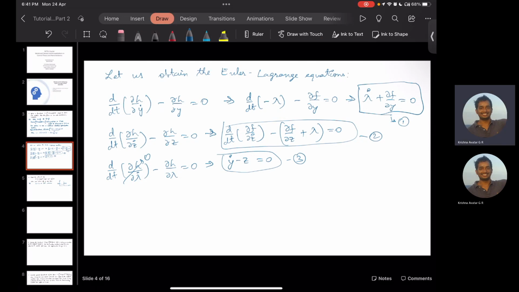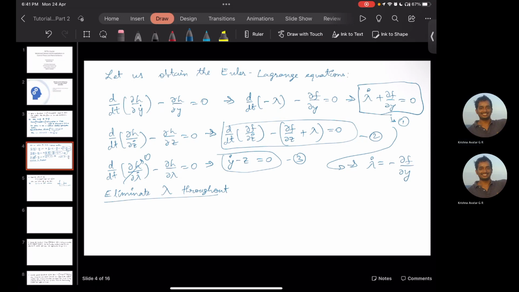So, let's eliminate λ throughout. What you can see here is from equation 1, we have λ̇ is equal to minus ∂f/∂y, isn't it?